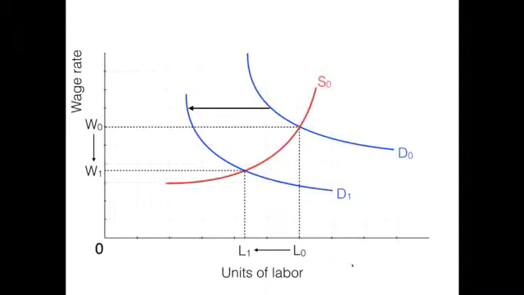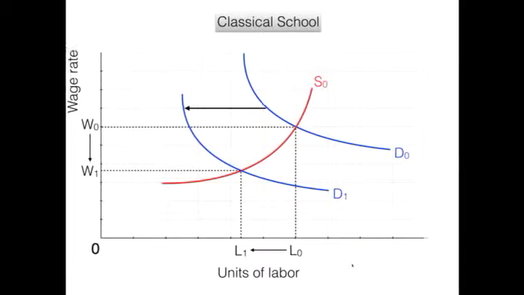So realize that about the classical school is that when they talk about the labor market, wage rates will adjust to get us to a full employment equilibrium, that there will be no unemployment, that the wages will adjust so that the quantity demanded of labor and the quantity supplied of labor is going to be equal to one another.